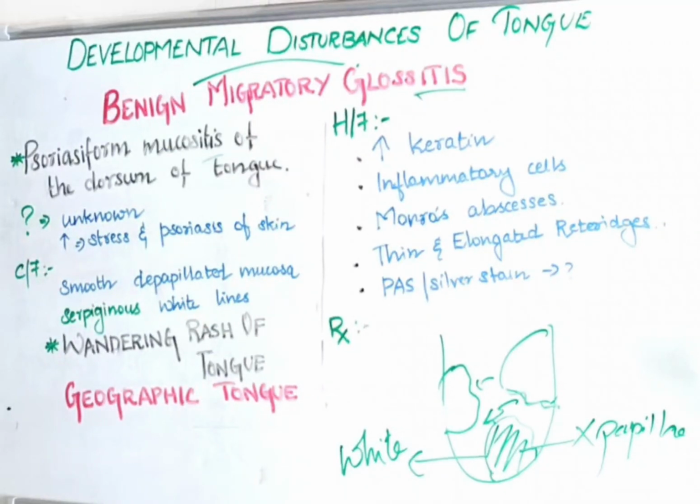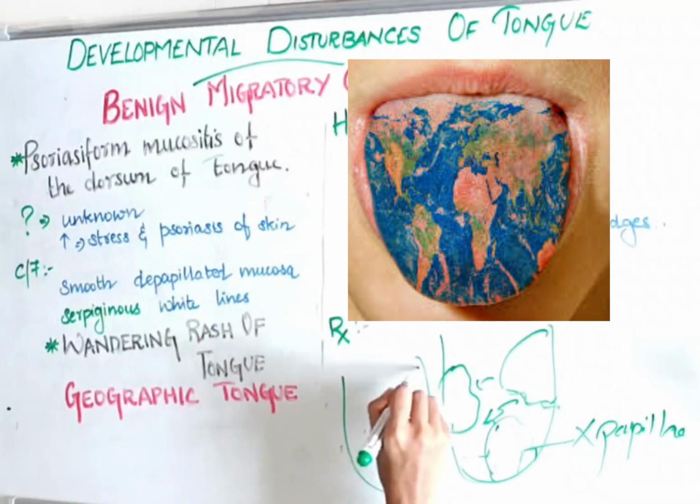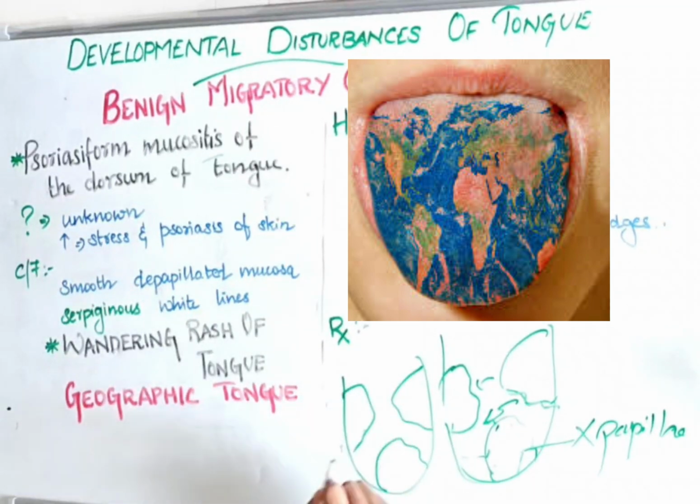Now, why is it called geographic tongue? When you see the lesion in the tongue, it will be like some groups, almost resembling the subcontinents which we see on the globe. That's why it is called geographic tongue.